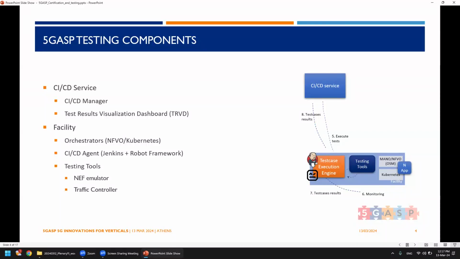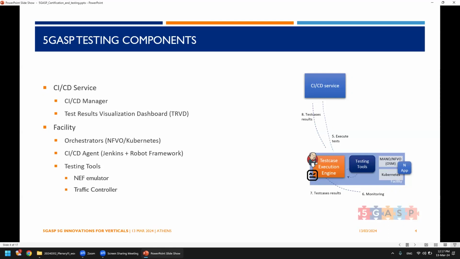The second part of the test environment is the facility itself, where the test is being executed. As you can see, it comprises the orchestrators, which are essential for deploying the application or even some tests. The orchestrators can be the typical NFVO orchestrators or Kubernetes, as we have it today. The network application is deployed on top of them.